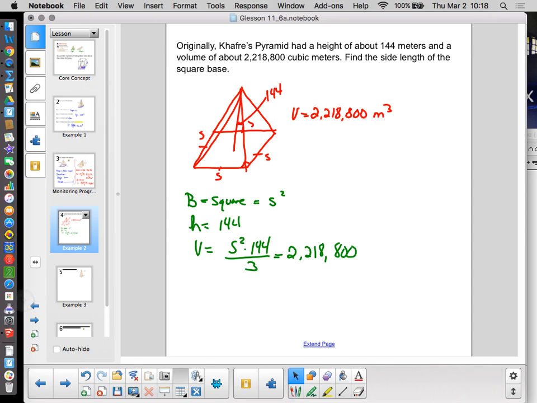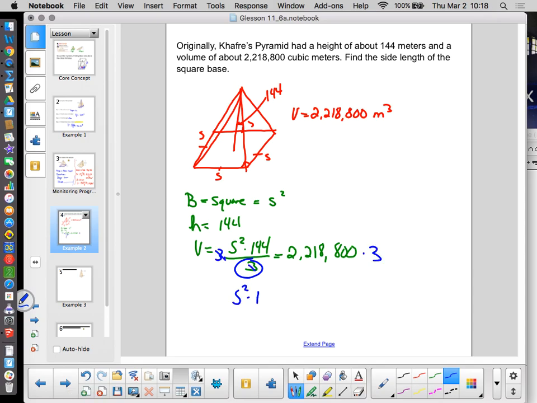That's just algebra, folks. I'd start by undoing the division by multiplying both sides by 3. So S squared times 144 equals, well, it's a big number, 2,218,800 times 3 is 6,656,400.